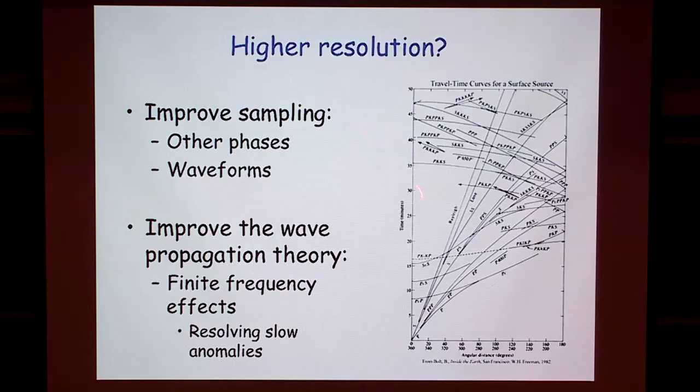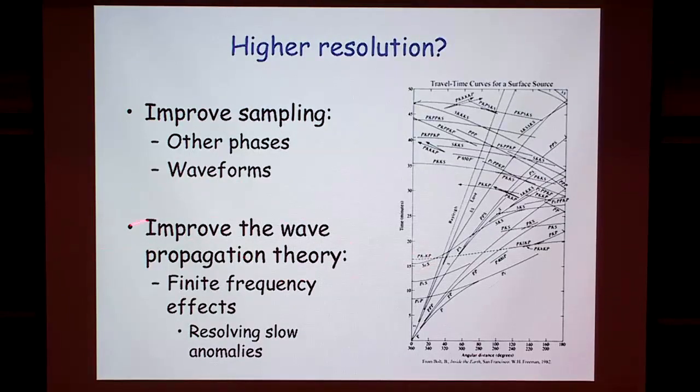So the answer to this is, instead of using just the waves that are well separated in the seismogram where you can really measure the travel time, use waveforms. Use the whole seismogram, which will contain all of these waves, and therefore you'll have access to more information in there.